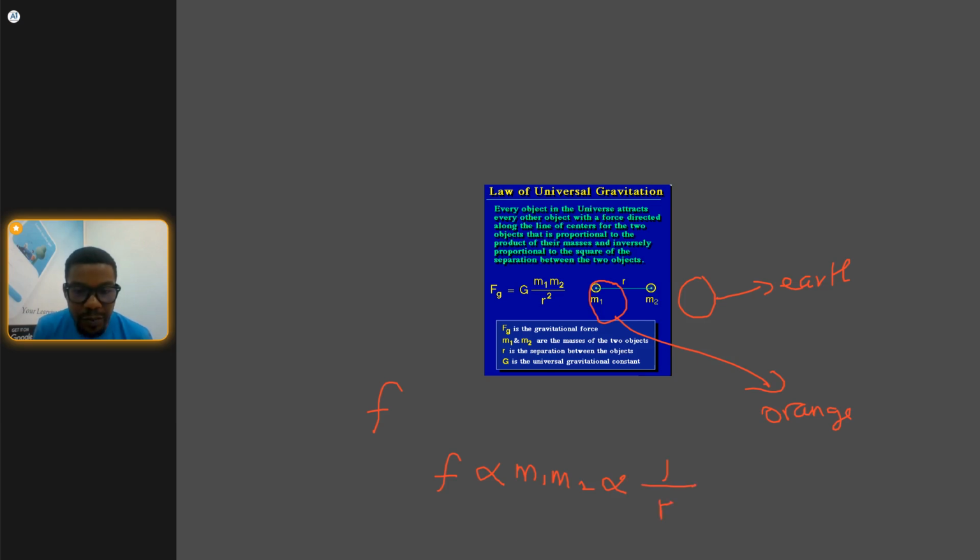So the distance is represented by r. The distance between the two bodies is represented by r, square of it. So this is now simplified to be F varies. If this is going to be over 1, I'll multiply the product here by 1. I'm going to have 1, M1, M2, all right?